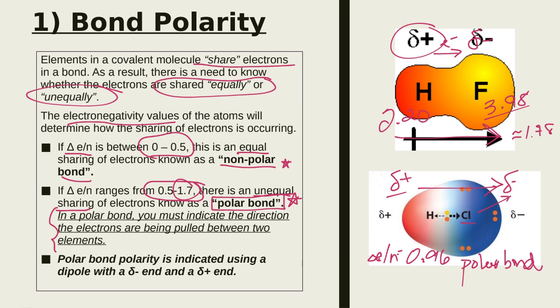And this is where these symbols, okay, they look like a lazy music note, I always say. That's the Greek letter delta. And we use that symbol to indicate partial charge, okay? It's not like ions, but it's just that the electrons are kind of being pulled in one direction, which makes the one atom more negative and the other atom more positive.